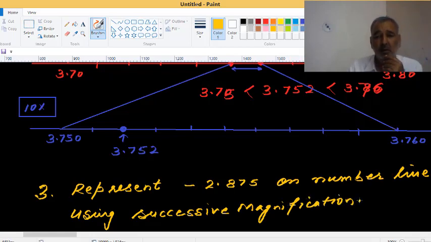I think you can attempt these questions and try out taking graph papers or using your scale pen.